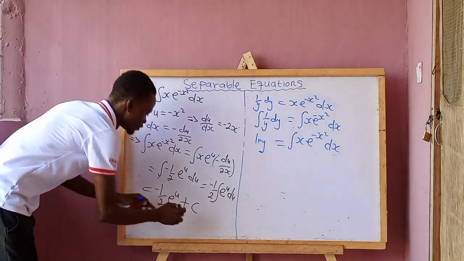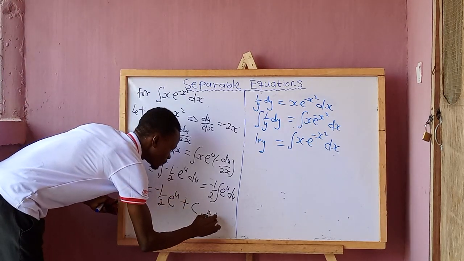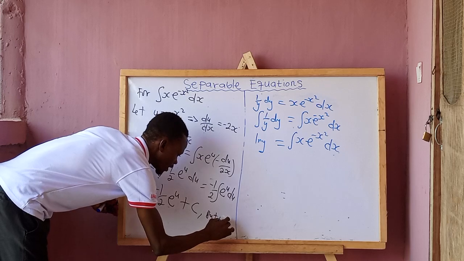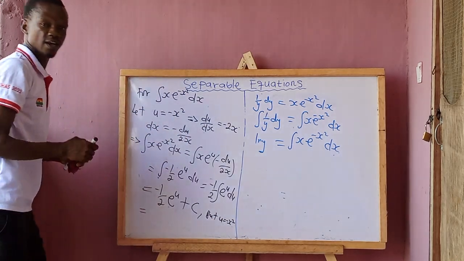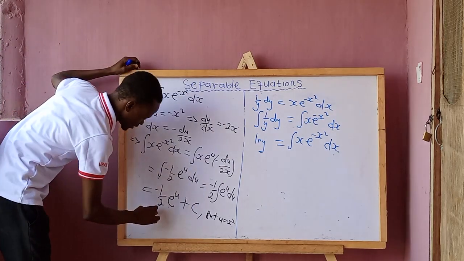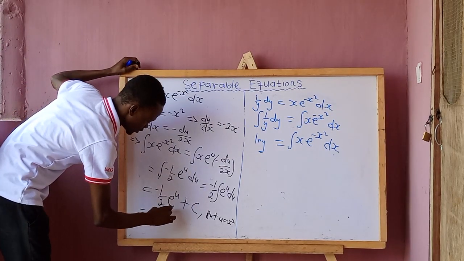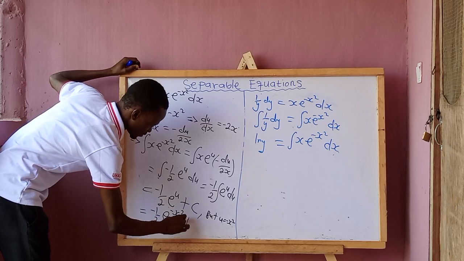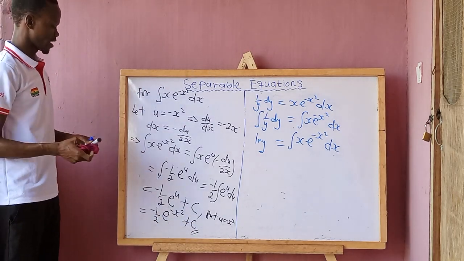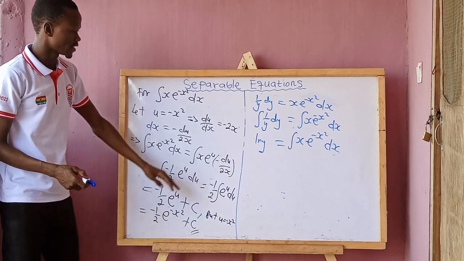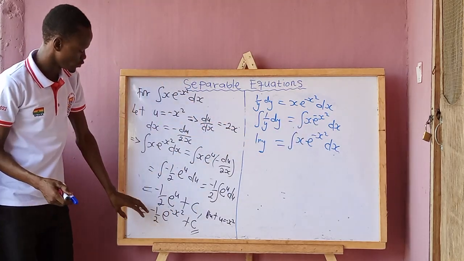But u was equal to negative x squared. So substituting u as negative x squared, we have negative 1 over 2 e raised to the power negative x squared plus the constant of integration c. So we have the integral for this side to be equal to this.